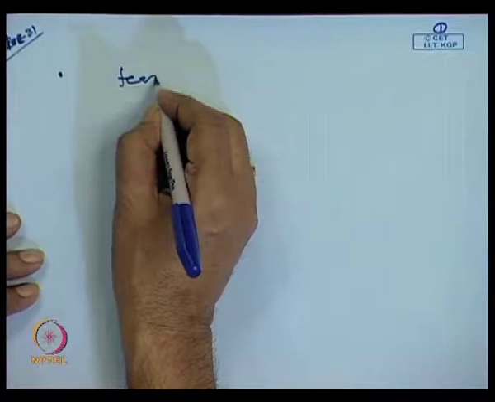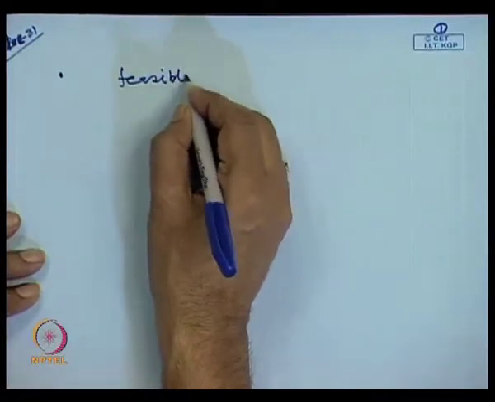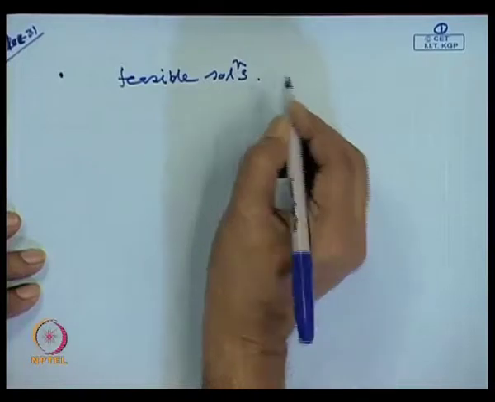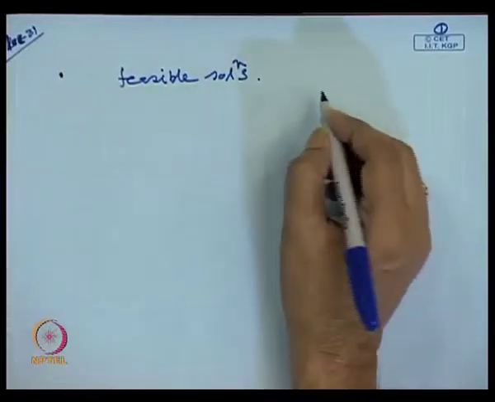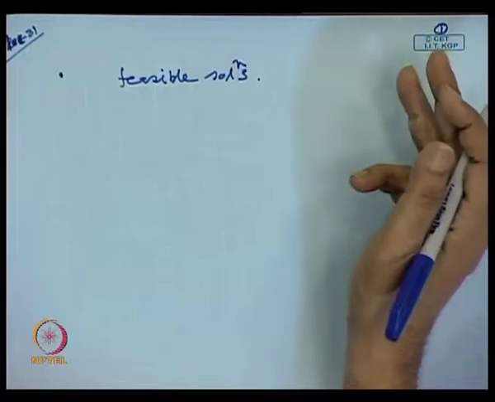Next, if one problem has a feasible solution and an unbounded objective function value, then the other problem does not have any feasible solution. That means if one problem has a feasible solution but an unbounded objective function, then the other problem is infeasible. This is the second observation.